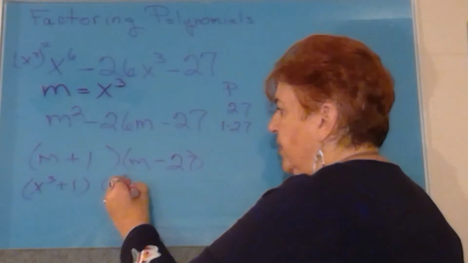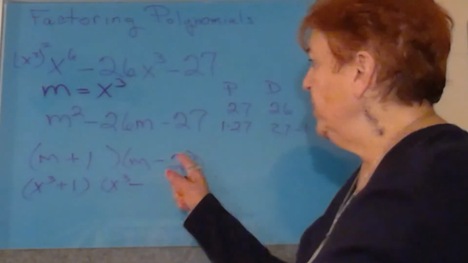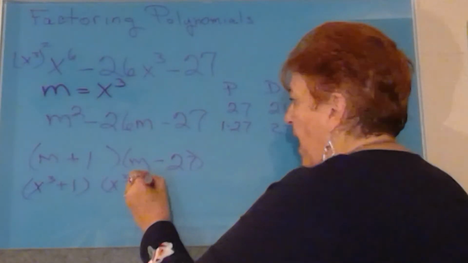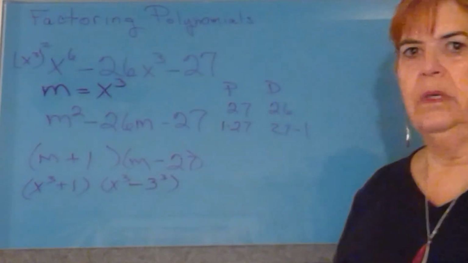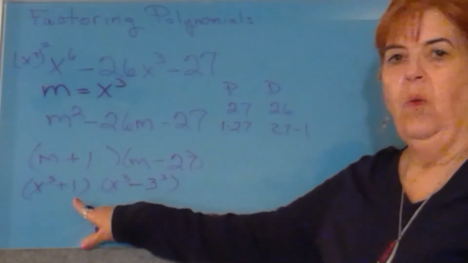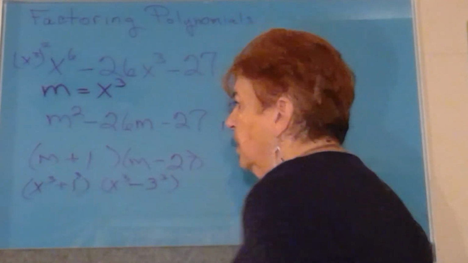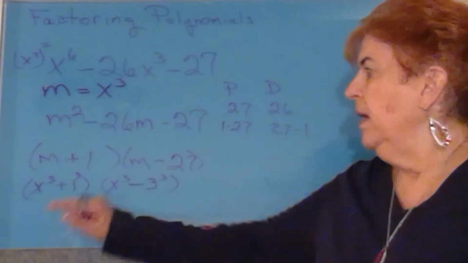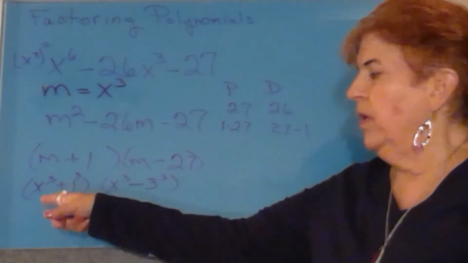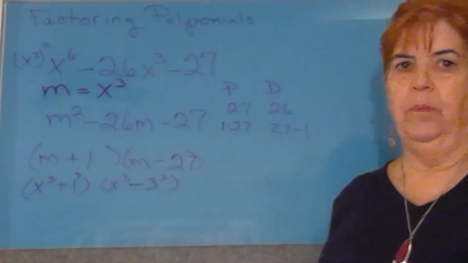minus 27. To save room on my board, I'm going to write 27 as 3 cubed. 1 is the same as 1 cubed. So here I have a cubed plus b cubed, and this is an a cubed minus b cubed.